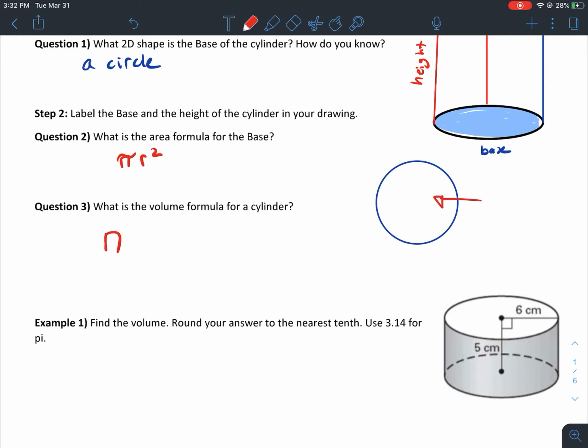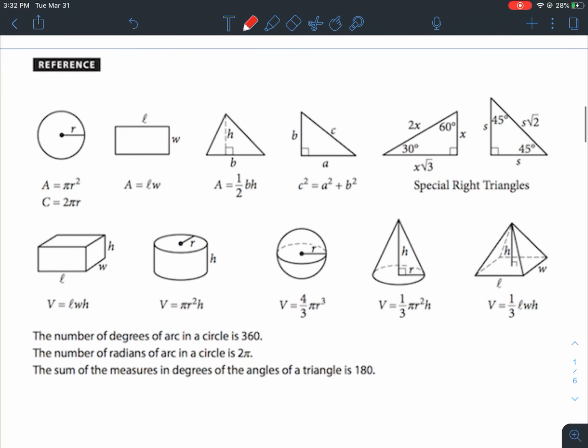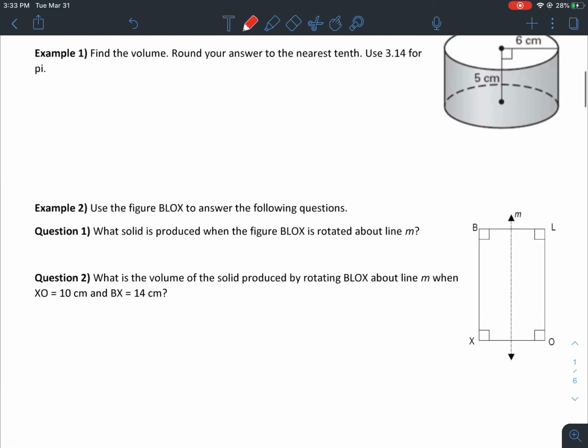So it's going to be pi times radius squared times the height. One thing I want to point out, this isn't in your notes, but I put the SAT formula sheet in here. If you look on the SAT formula sheet, they have a cylinder. The formula for the volume of a cylinder is pi times radius squared times the height, which is what we just learned.